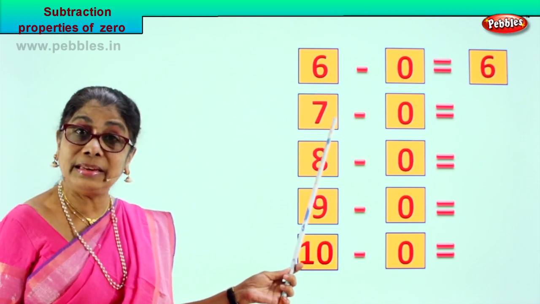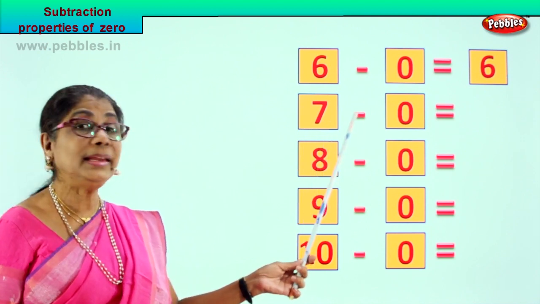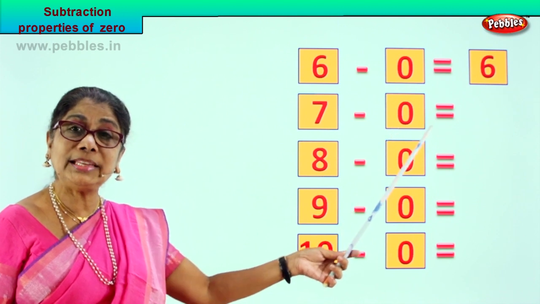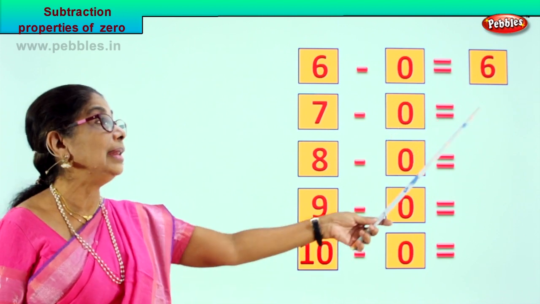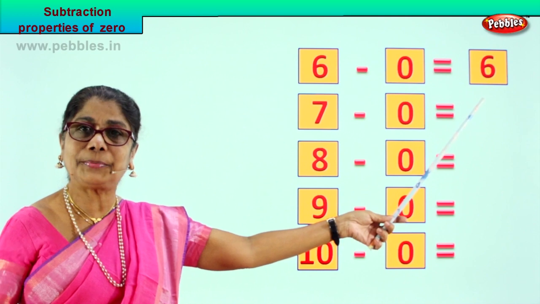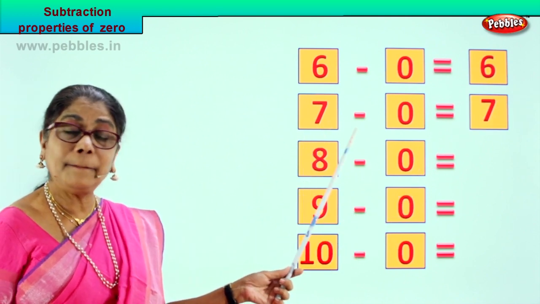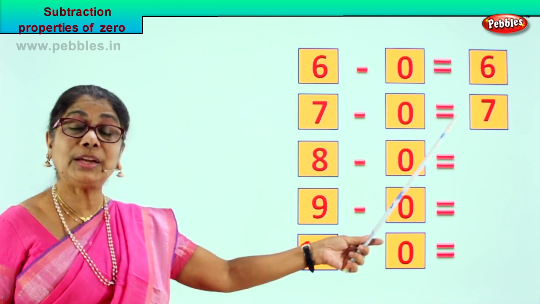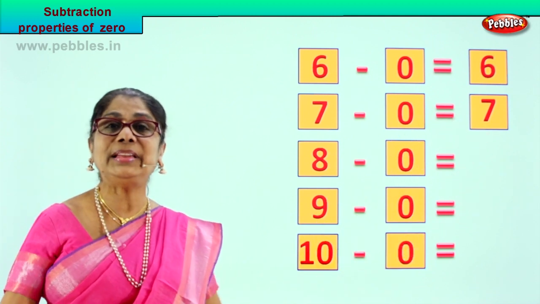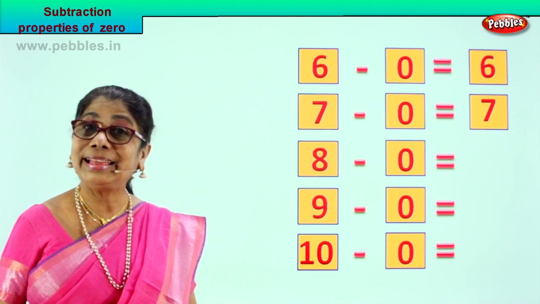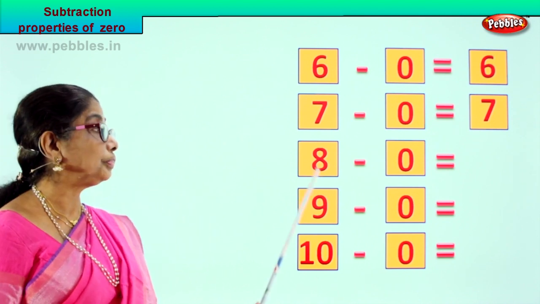Number 7 minus 0 is equal to number 7 itself. Look again. Number 7 minus 0 is equal to number 7 itself. Okay? Go to the next one.